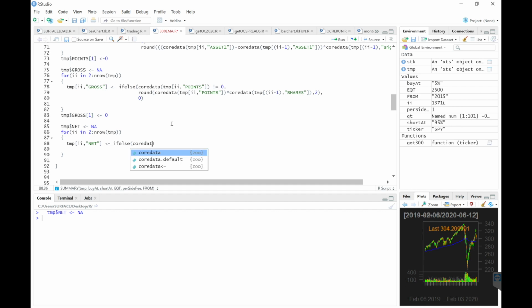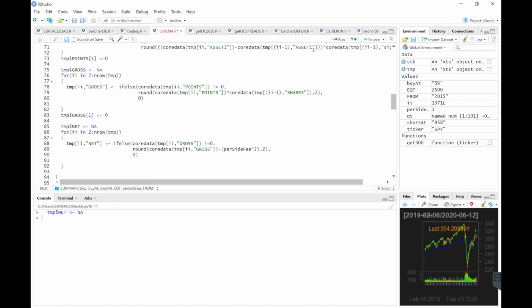So if our current iterator of gross does not equal 0, I'm going to round core data, temp, iterator, gross, minus per side fee. Multiply that times 2. I'm going to round that to 2 decimal places. Otherwise, we return 0.